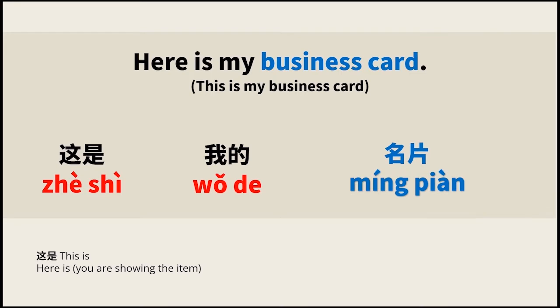Here is my business card, or this is my business card. So the word 这是 means this is.